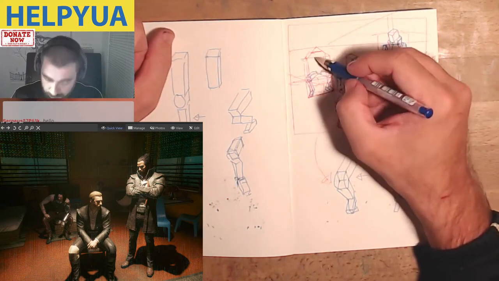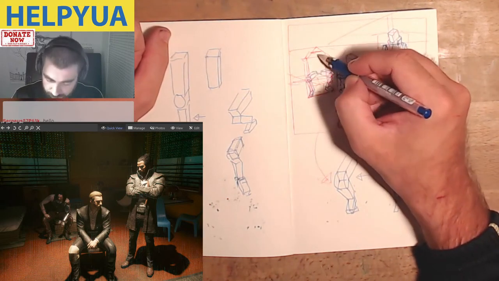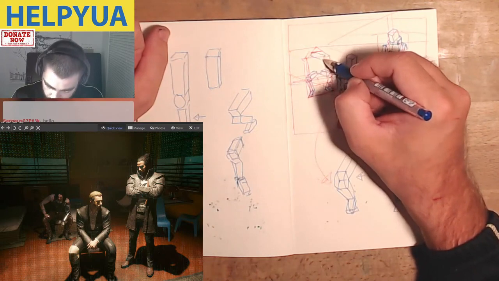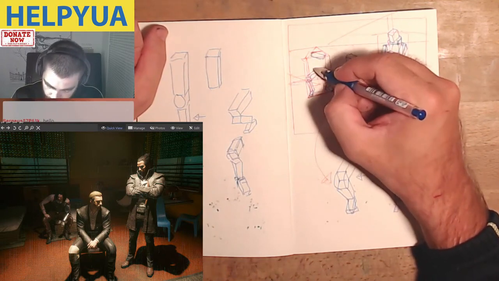And his torso has a little rotation, so we can see it like this.